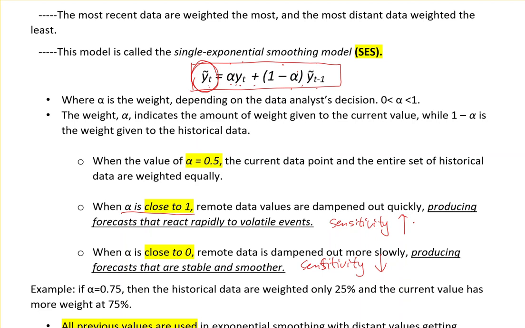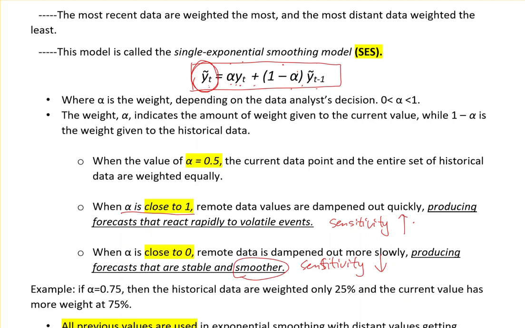So if your current value changed, there is a rapid change for the current value, it doesn't change your prediction a lot because it is not very important for prediction, right? Then your sensitivity will be decreased. But at the same time, the same idea as in the simple moving average method, if the sensitivity decreased, that means your line will be smoother.